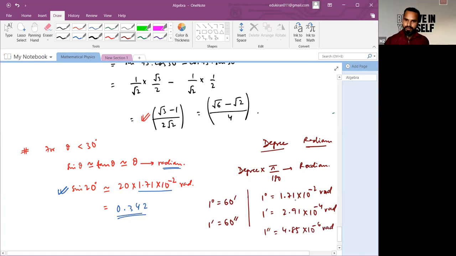Just remember these values. Since 1 degree equals 1.74 into 10 to the power minus 2 radian, that's why I multiplied the degree by this term to convert into radians. Is it clear to everyone?